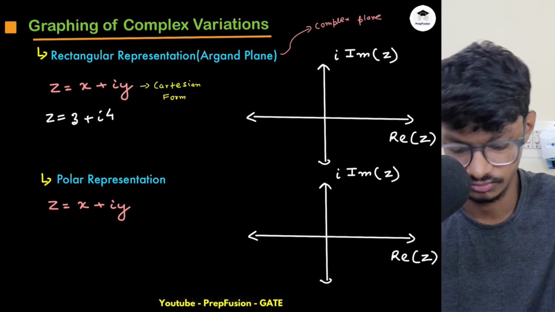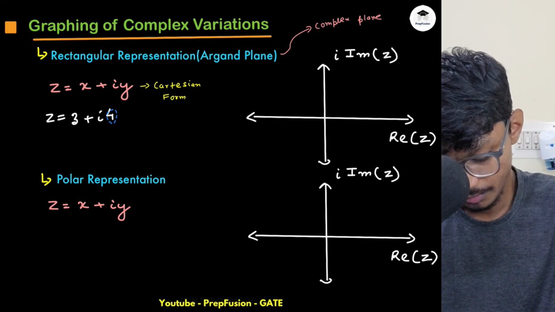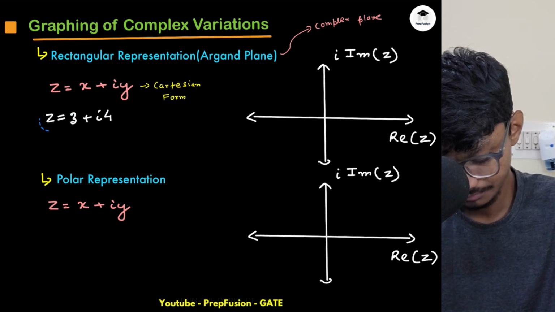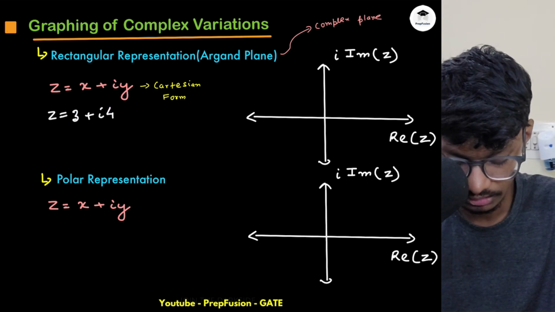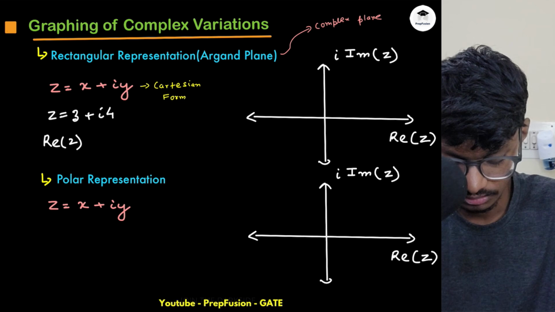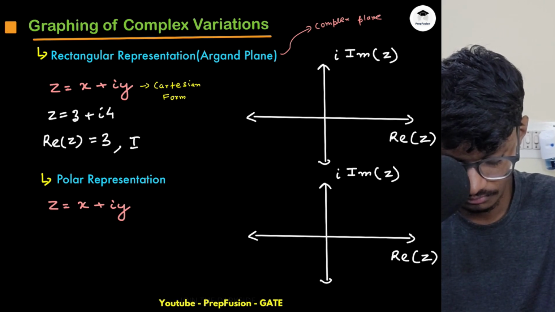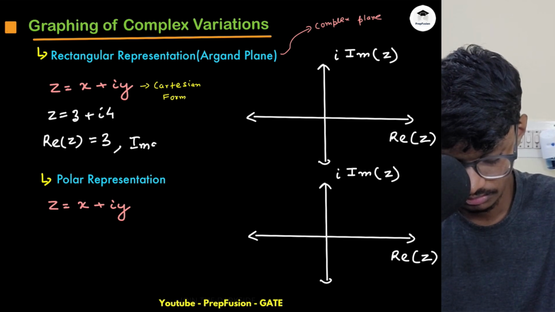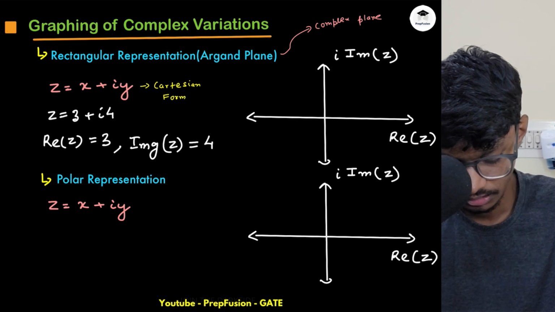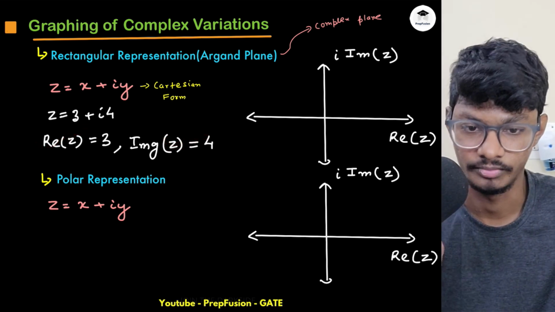The real part of z will be 3 and the imaginary part of z will be 4.